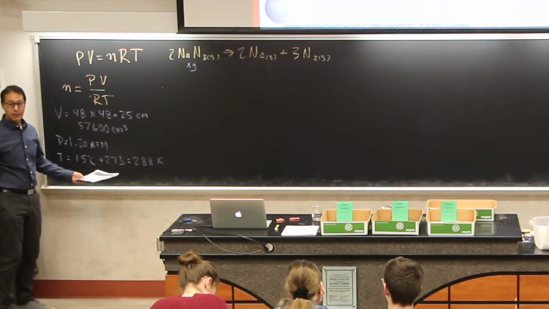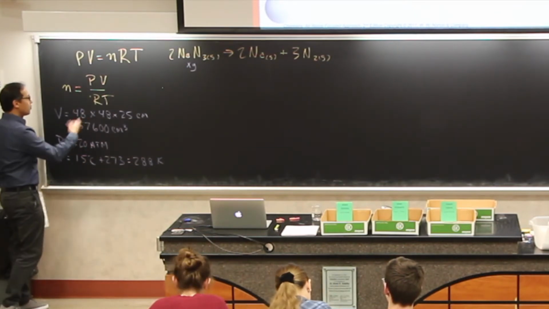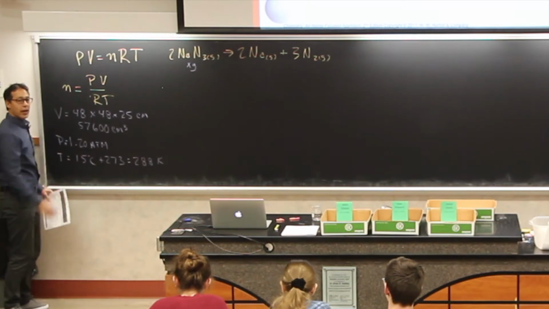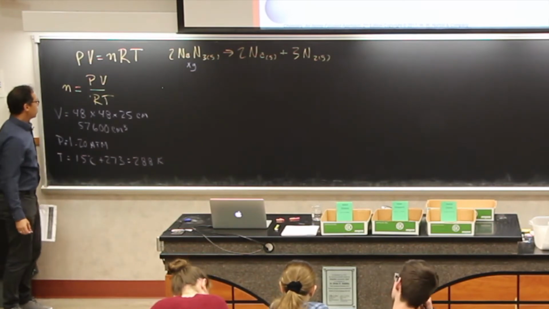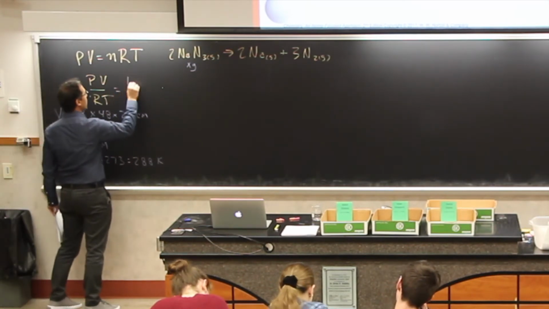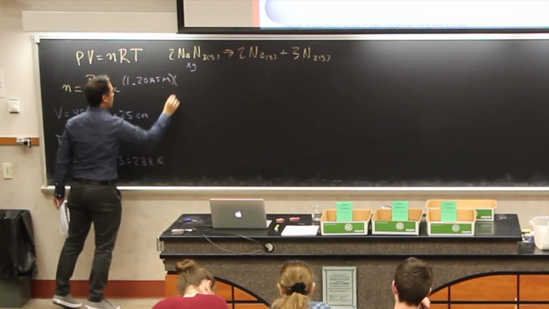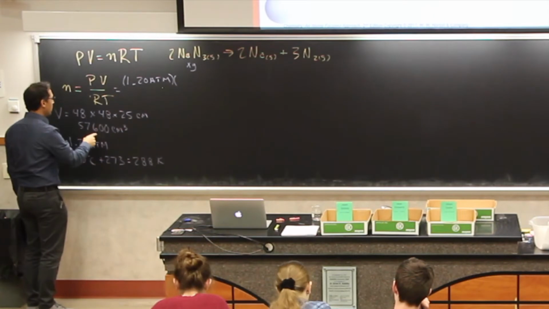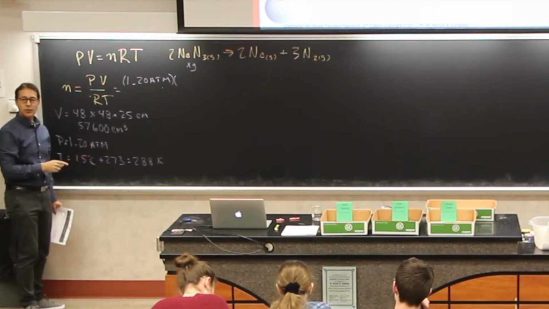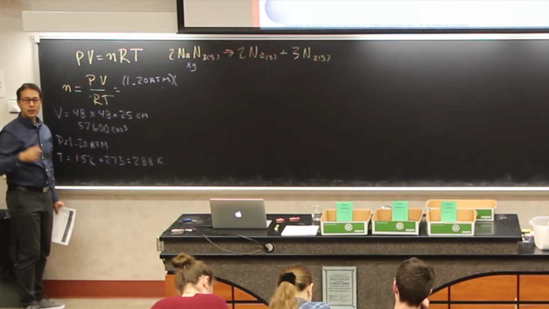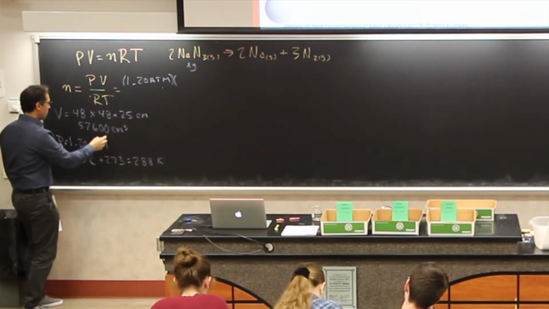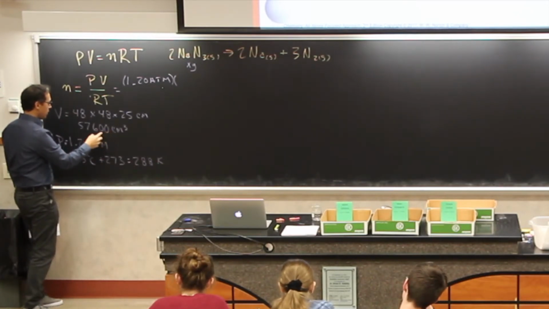So I've got P, I've got T, I've got V, and R is a constant. So then all I have to do is plug these numbers in and solve for n. My pressure here, I've got 1.20 atmospheres. My volume, oh, wait a minute. Volume needs to be in what units? Liters.